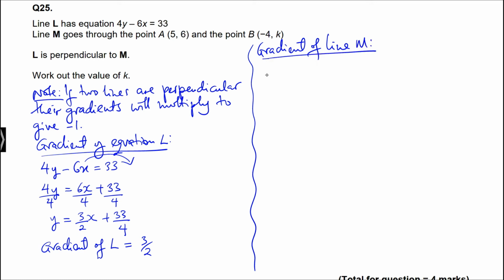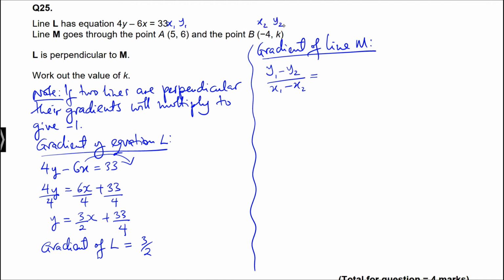We can find that using the formula y1 minus y2 over x1 minus x2, which is basically change in y over change in x. Now, this will be our x1, y1, x2, y2.